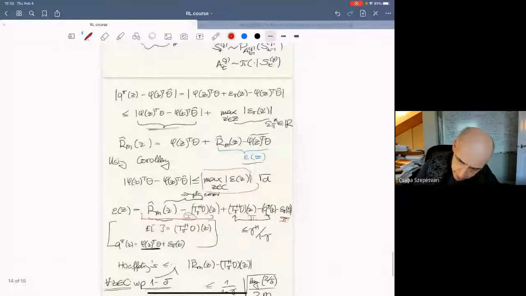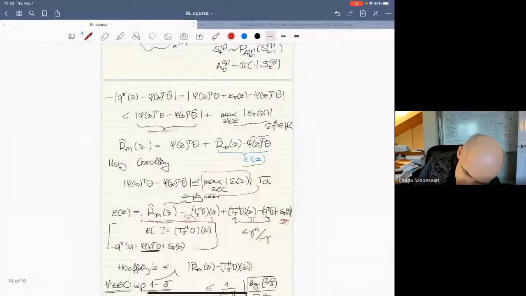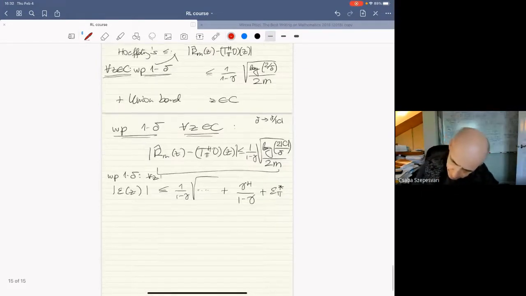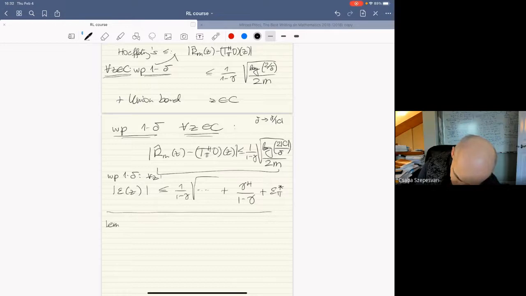And going back to the error of predicting q of pi, the error is going to be this error that we just bounded, plus epsilon pi star. So another epsilon pi star appears. So we can phrase this as the following lemma.